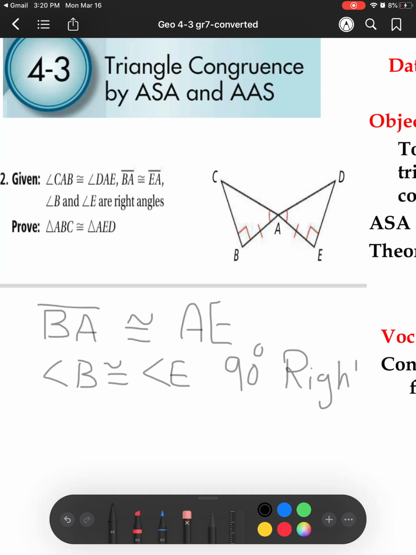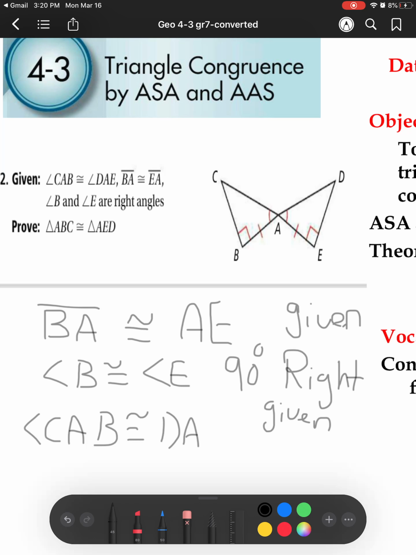This is given. The second angle, which is CAB, is congruent to DAE, because he marked it as given.